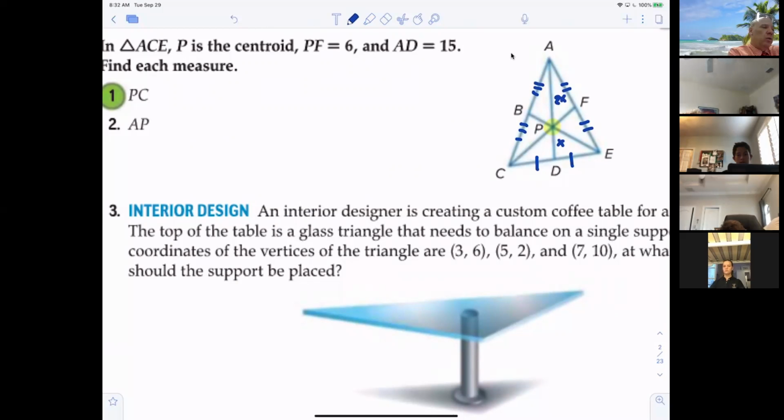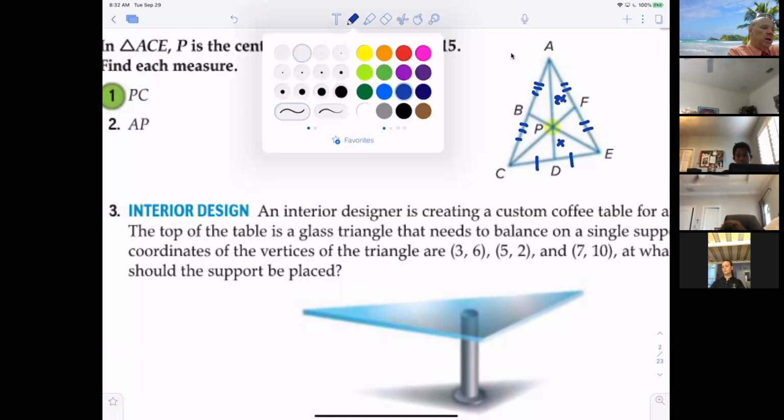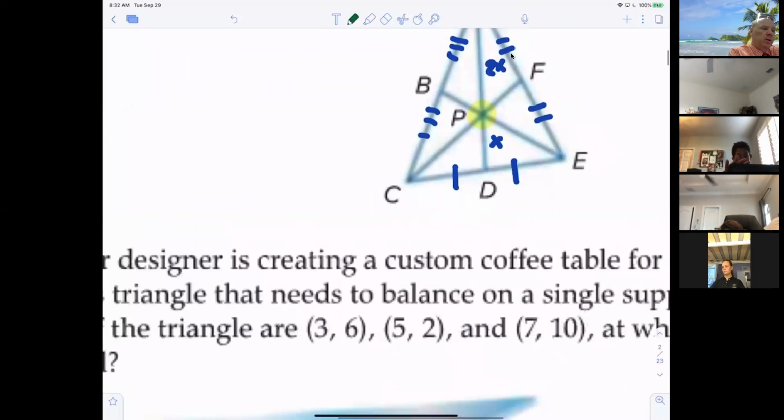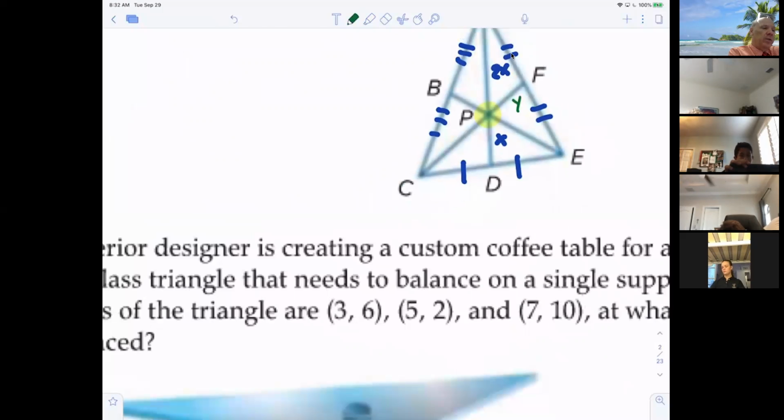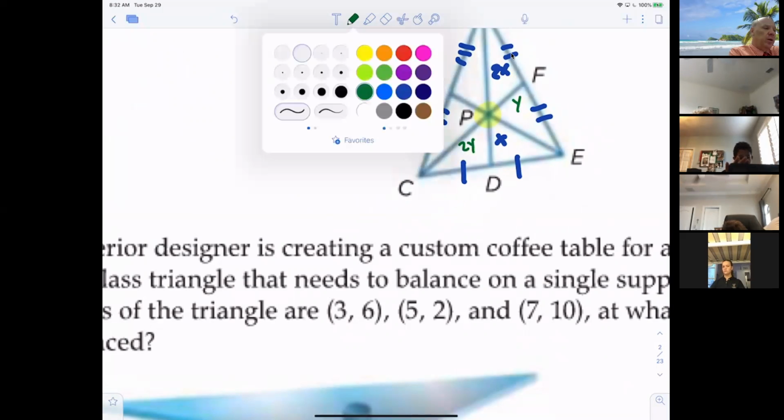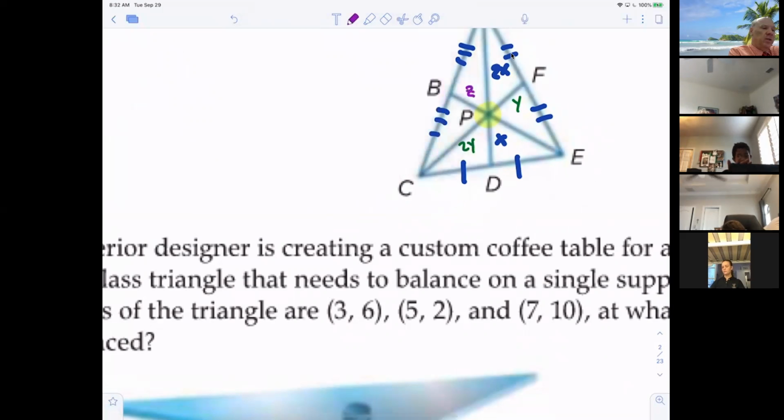I'm going to say this also because I want to make sure you're understanding me. This is Y, and this would be 2Y. This over here would be Z, and this is 2Z. They are not equal, of course, unless they're an equilateral triangle, but we're not talking about that. Does everybody see that now? That's how you break it down. That's all there is to it.